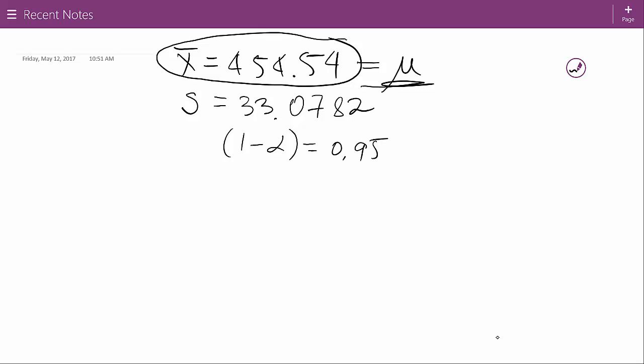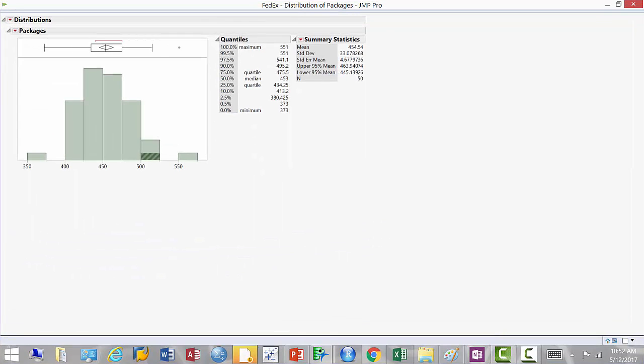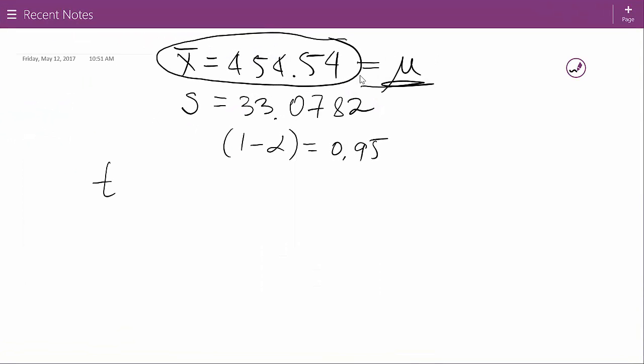I want to be 95% confident. So that means that in order to create the upper and lower confidence limit, I have to find the value of t, right? Oh, by the way, let's collect some other information. What's my sample size? 50, right? Okay, so my sample size n is equal to 50 people.